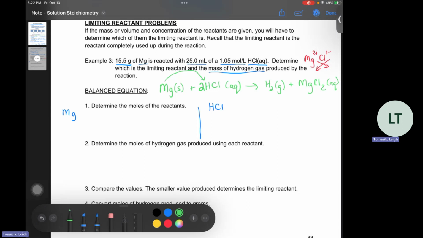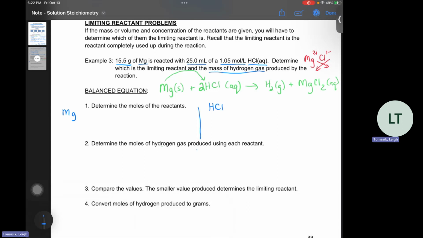Okay, step 1 says, to determine the moles of the reactants, magnesium is given to us in mass. So we have to go from mass of magnesium to the moles of magnesium, in which case we would need the molar mass.